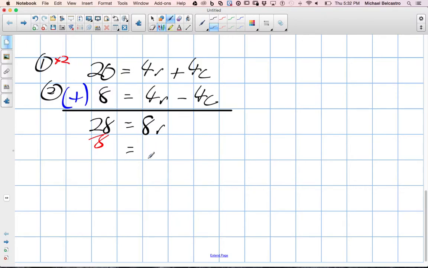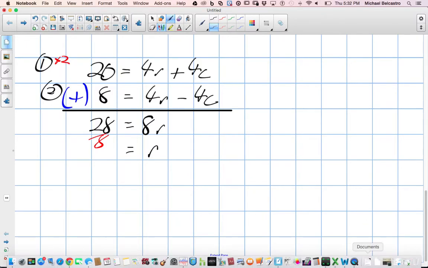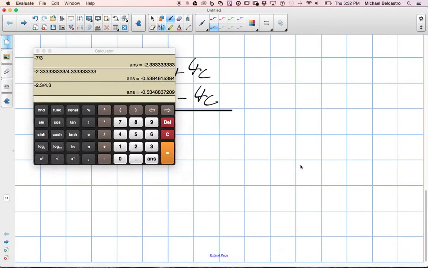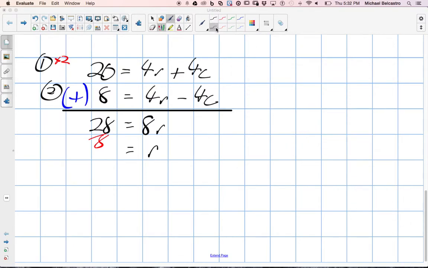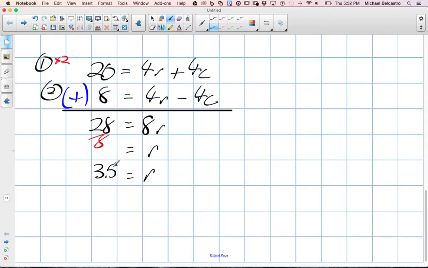So we get r is equal to, it's not the nicest number. 28 divided by 8 is 3.5. So our rowing speed is 3.5, and we assume it's in kilometers an hour.